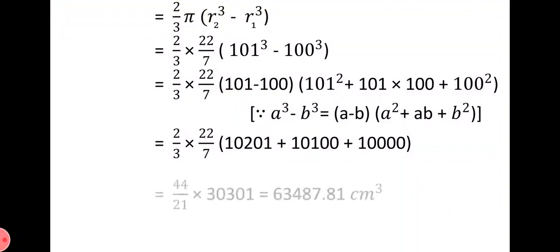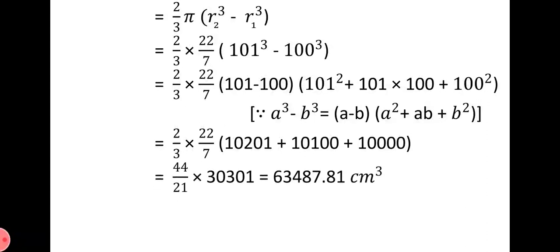Further solving, we get 44 upon 21, because 22 twos are 44 and 7 threes are 21, into 30,301. When we add all three numbers in the bracket, it is 30,301, which on further solving gives 63,487.81 cubic centimeter.